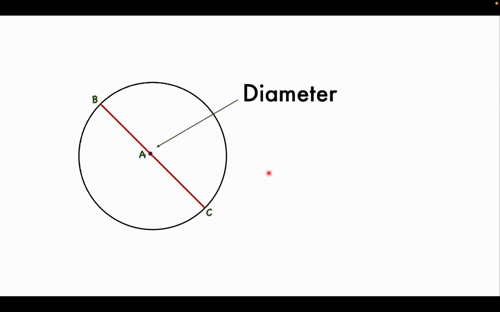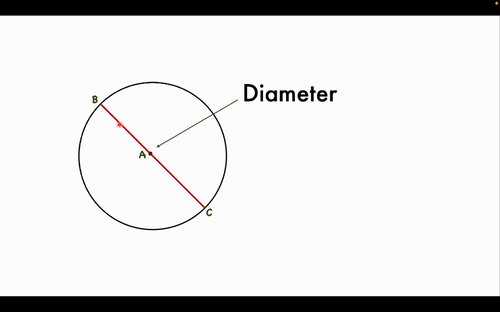Next. Now, what if the line extends from one point of the circumference, B, pumunta siya sa A, pero lumagpas siya, pumunta pa siya dun sa kabilang side, which is C. Kung makikita ninyo, dalawang radius na to, diba? So, isang radius AB, and then another radius AC. Now, they are connected to each other.